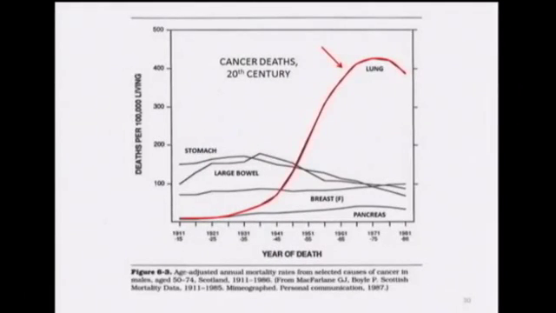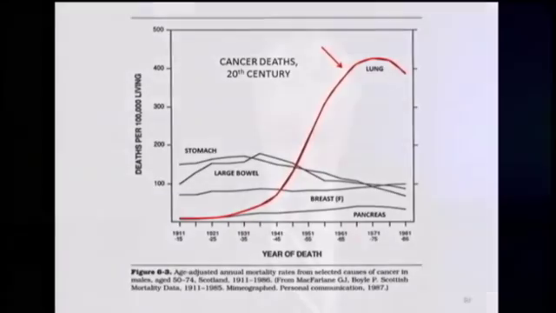The arrow here points to this curve, which again, in my jargon, clearly shows a disease of epidemic proportion. It's clearly in excess of anything we would expect from looking at the past.